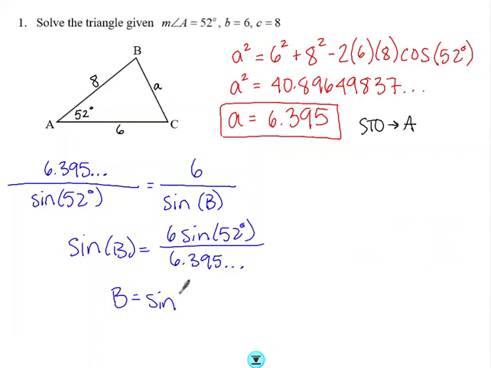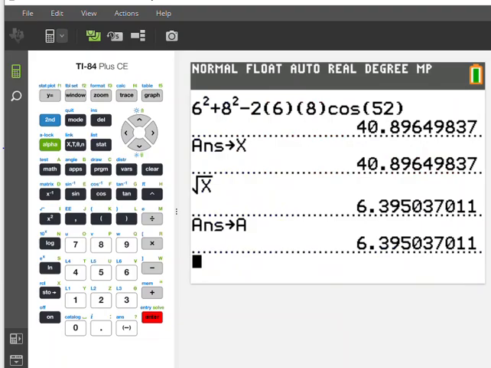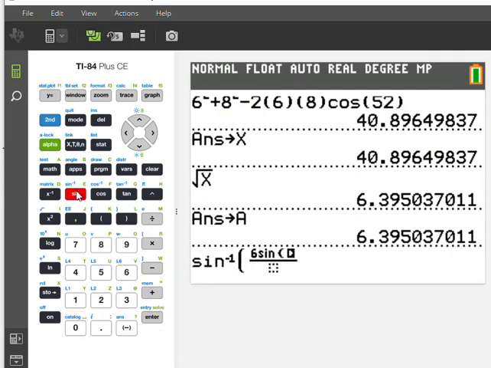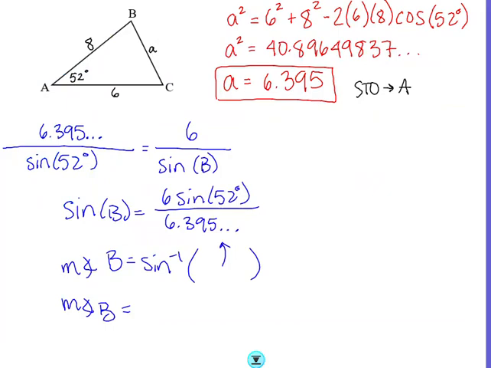So I have the inverse sine of that fraction, and I get that the measure of angle B equals, back to my calculator, inverse sine of the fraction 6 sine of 52 over A. I can round this to 3 decimal places at 47.675 degrees.